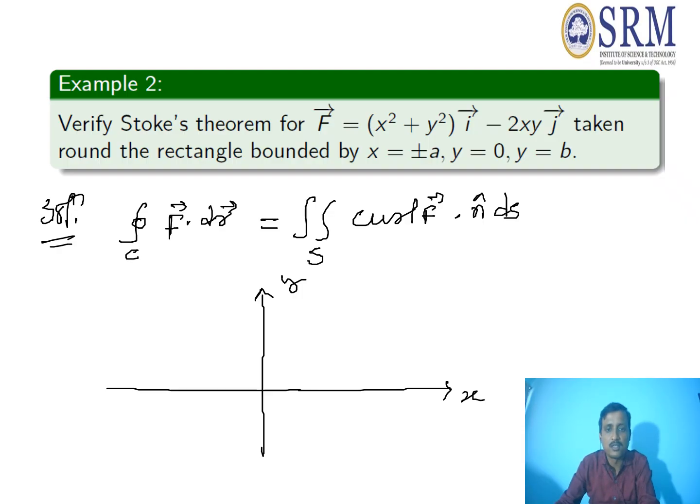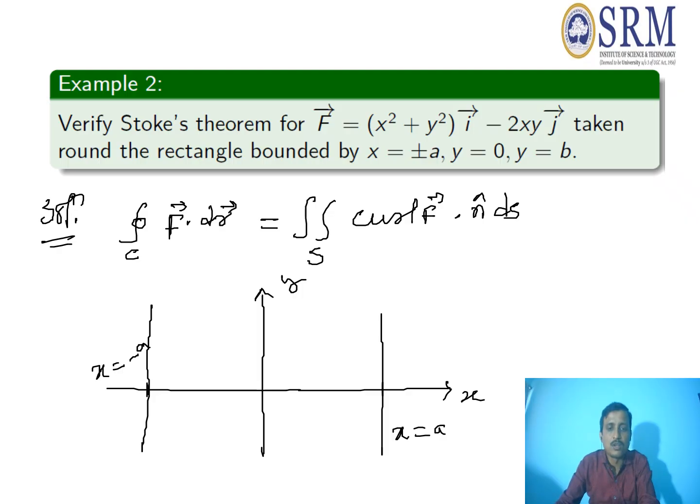Suppose this is x equal to minus a and this is x equal to a. So x equal to a is a straight line, and similarly on the left side, x equal to minus a is a straight line.